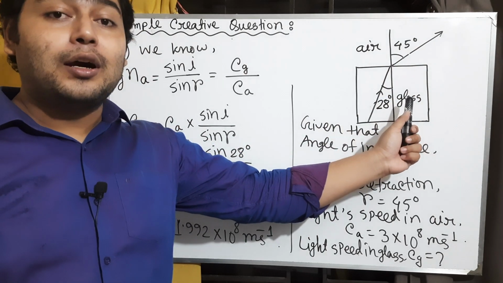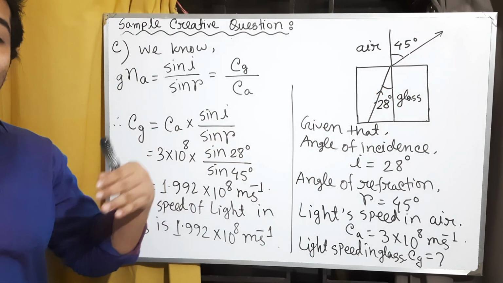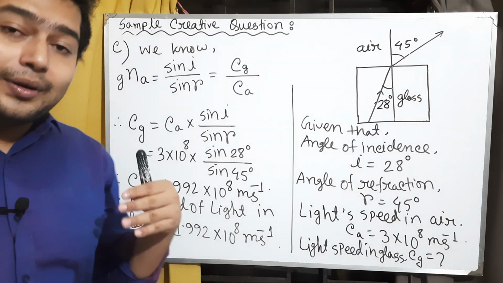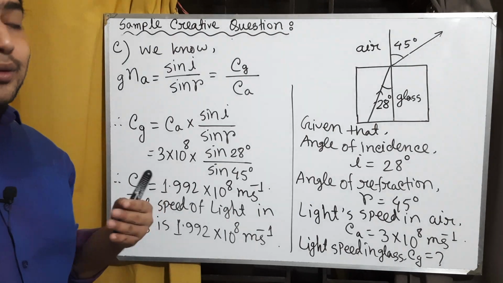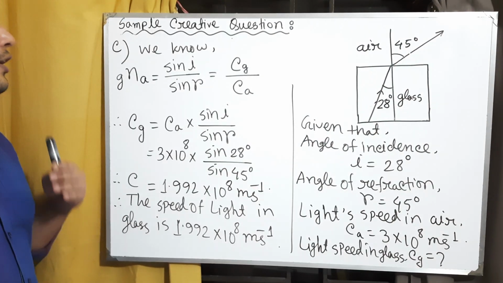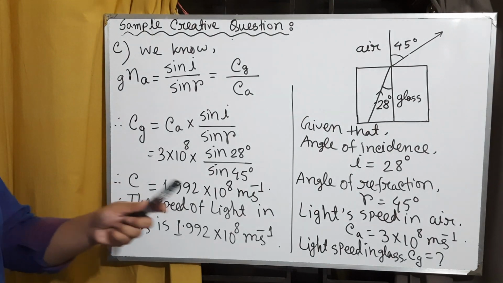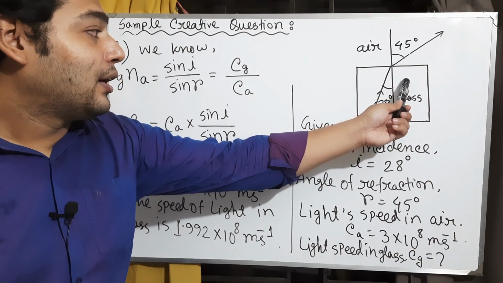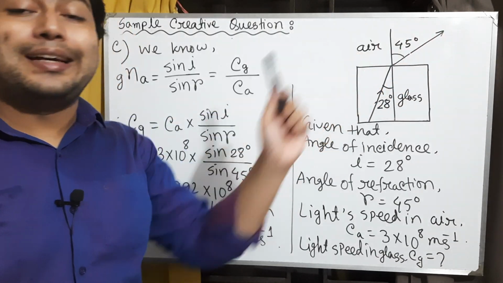You should be very careful about this term: light is coming from or going to. This is very important for the mathematics of light. Here light is coming from glass and refracted to air.